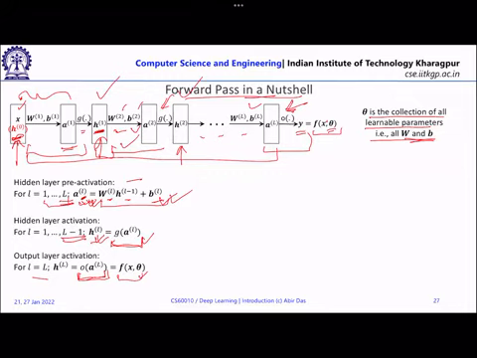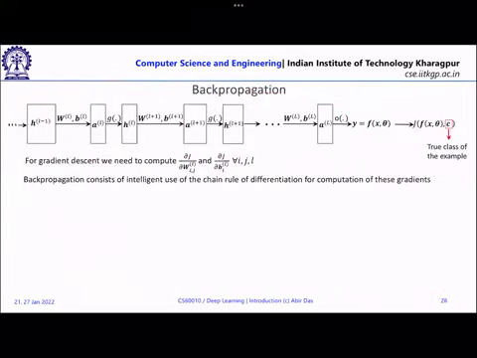For the Lth layer, you get A capital L, and then H capital L you get via this, not this. Okay, this is the forward pass. So you are passing X and your information gets passed through this. So there must be some backward pass, and why we will need that, let me try to introduce to you. So, backpropagation.